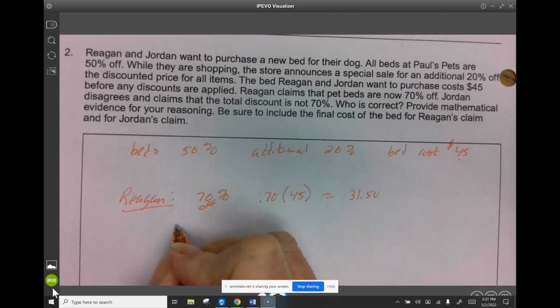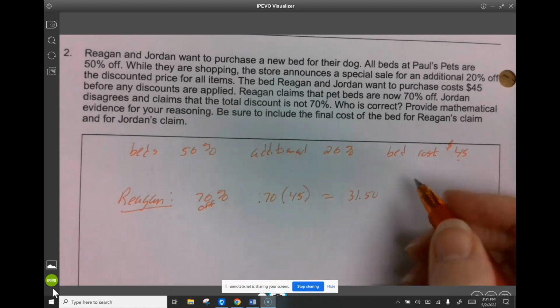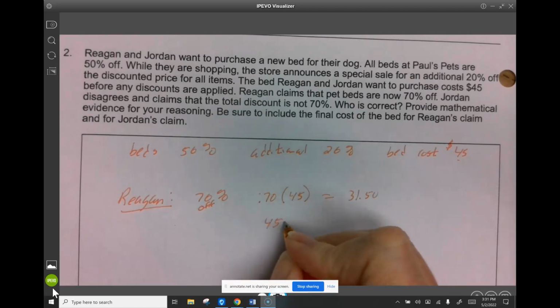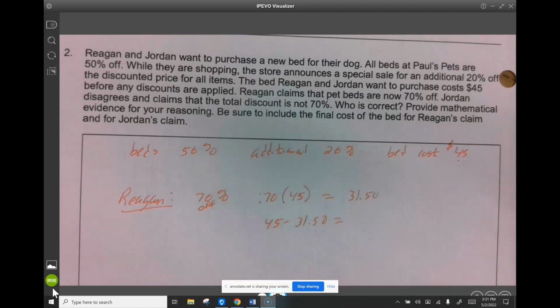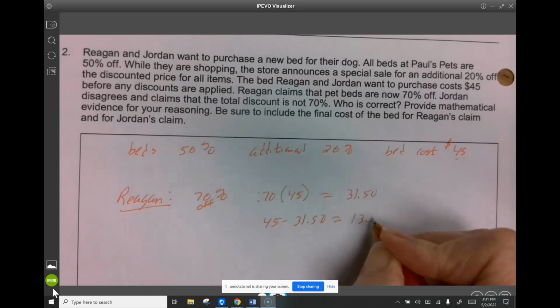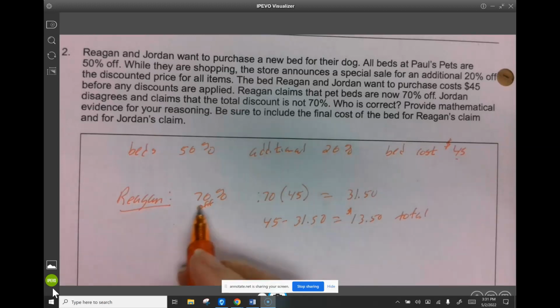I could have just found 30%, because 30% is going to be what the cost is, and if I did that, I don't have to subtract. So now I'm going to take 45 minus $31.50, which gives us $13.50. So that would be the total cost the way Reagan does it, 70% off.